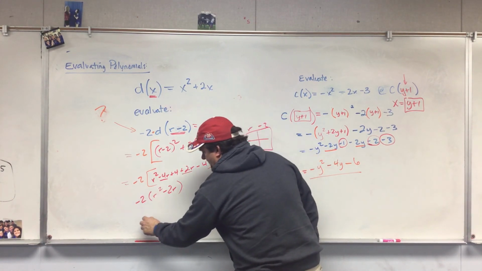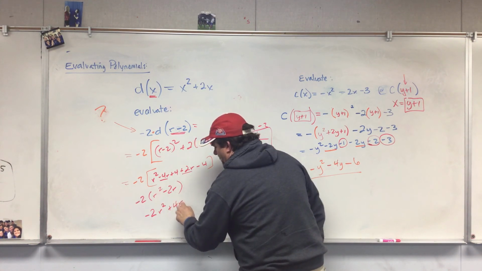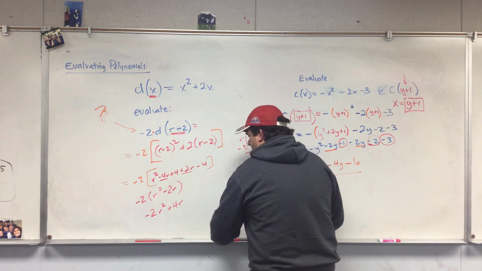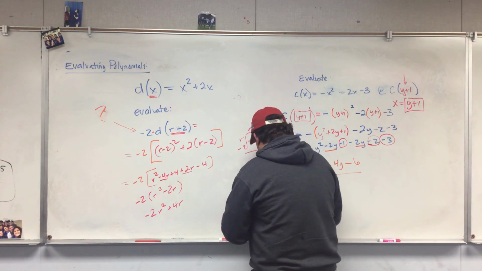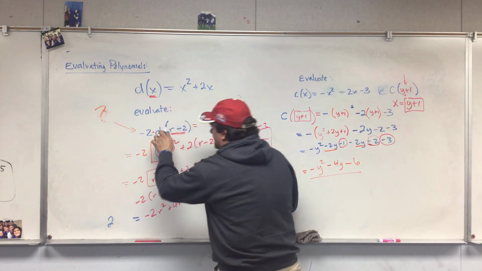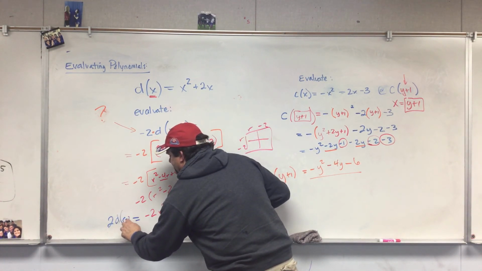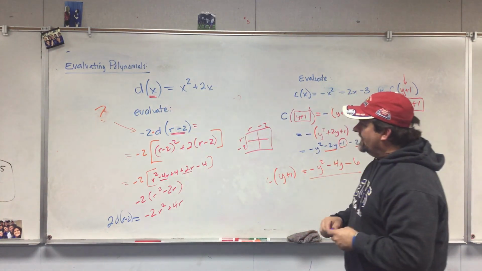Distribute the negative 2 in, negative 2r squared plus 4r. That is my answer, which is the answer to negative 2d of r minus 2. All right, guys?